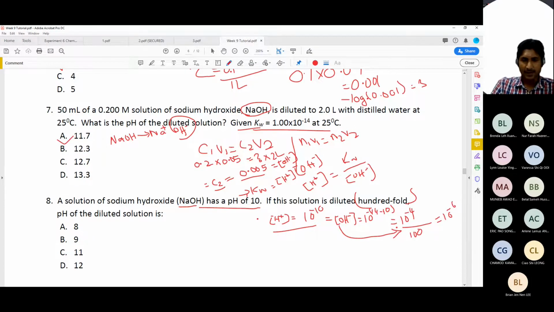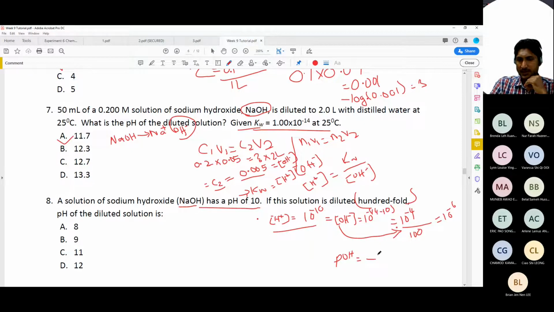This is the hydroxyl ion concentration now in the solution. But the question is asking for the pH of the solution, not the pOH of the new solution. We have the hydroxyl ion concentration, so we can find the pOH from here.